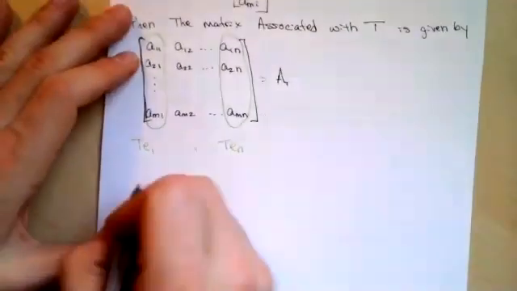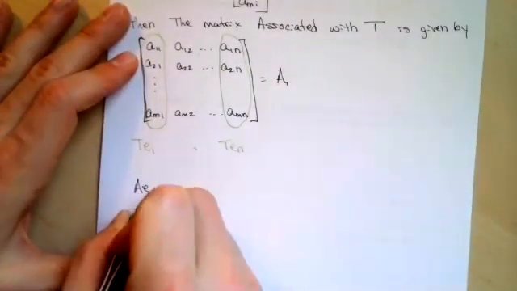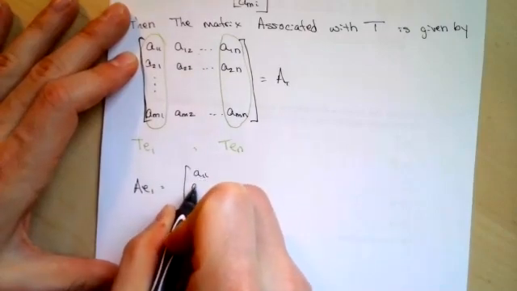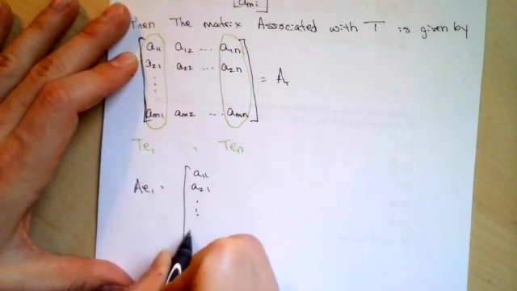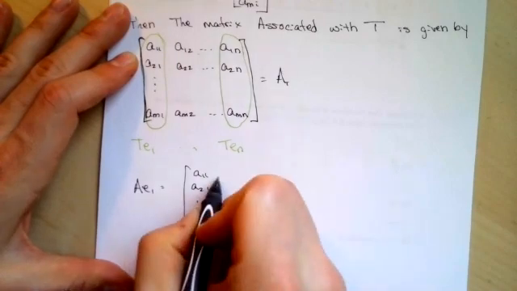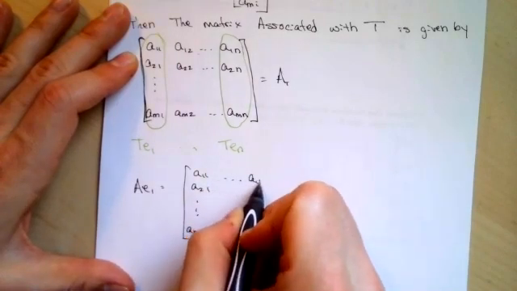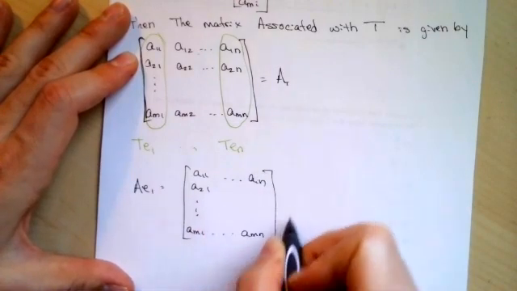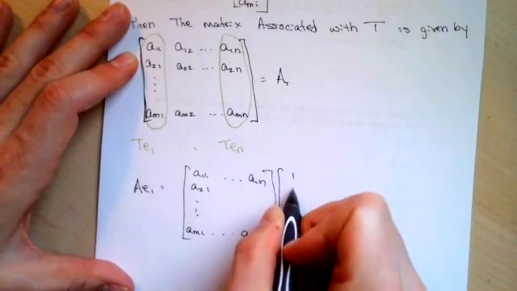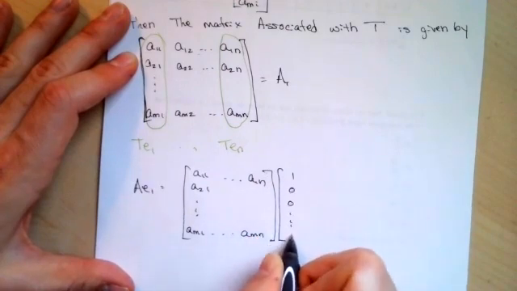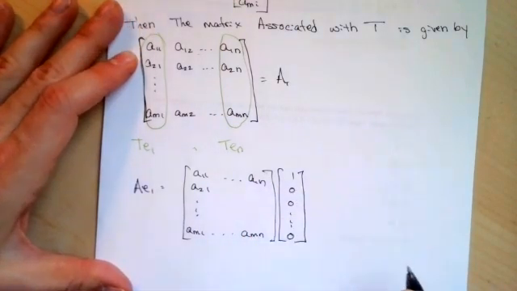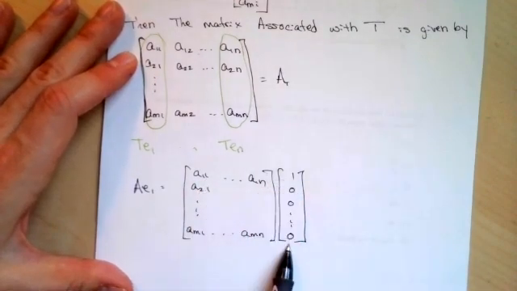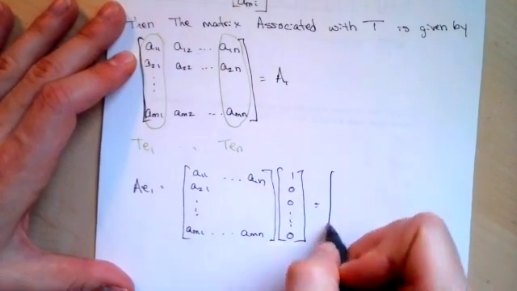And so you can check, what's A acting on e1? Well, if we have 1, 0, 0, and zeros everywhere else, when we do the first row times the column, what are we going to get?